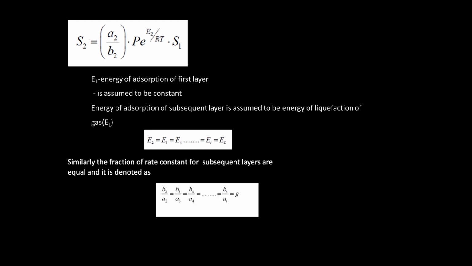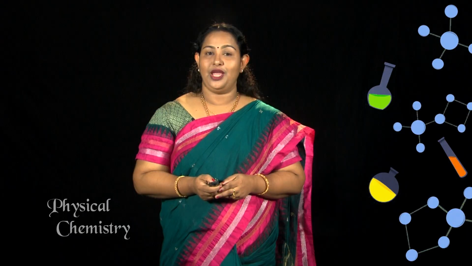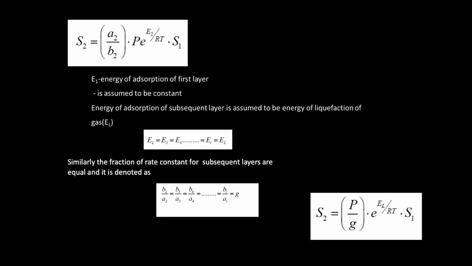Similarly, the ratio of rate constants for subsequent layers is equal, denoted as B2 by A2 is equal to B3 by A3, equal to B4 by A4, etc., up to Bi by Ai, that is equal to G. So, the equation for S2 becomes P by G into e to the power EL by RT into S1.